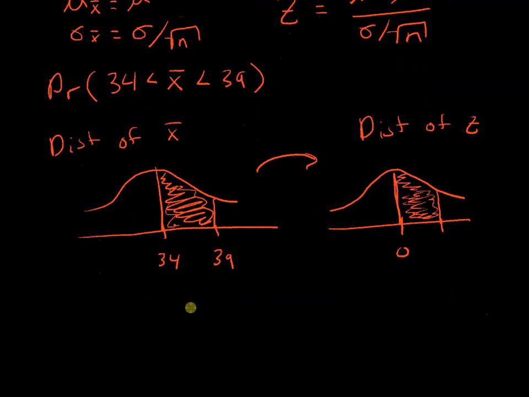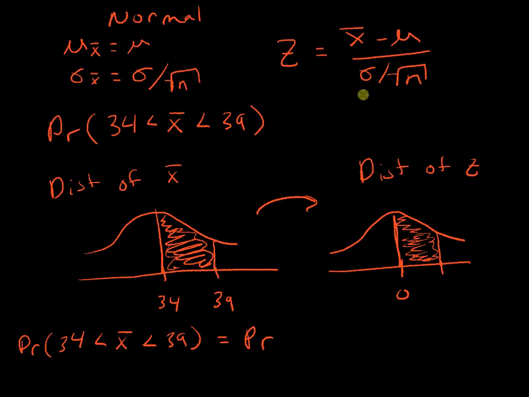So let me go ahead and write this. The probability that x bar is between 34 and 39 is going to be the same as, okay, I'm going to transform these 34 and 39 using this transformation up here.